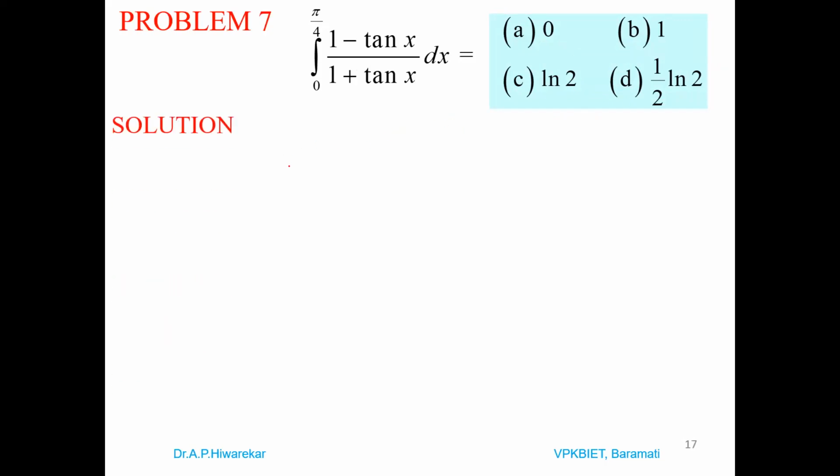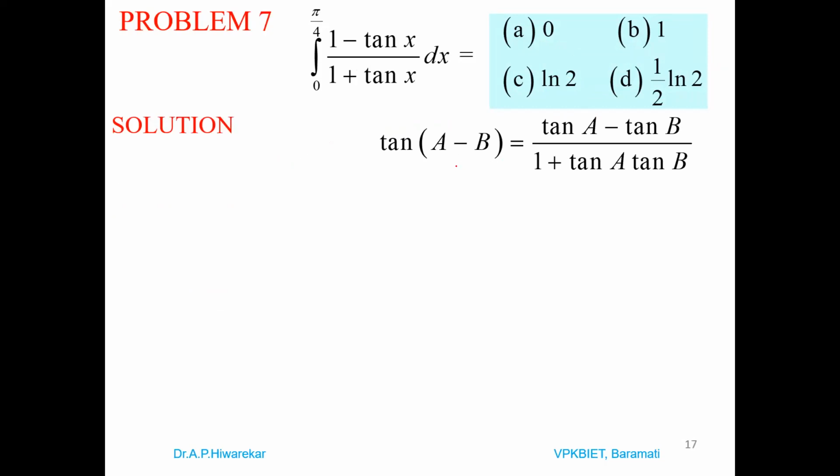So what you can do, we know that tan (A minus B) is tan A minus tan B divided by 1 plus tan A into tan B. And we know that 1 means tan of pi by 4. So you replace 1 with tan of pi by 4.